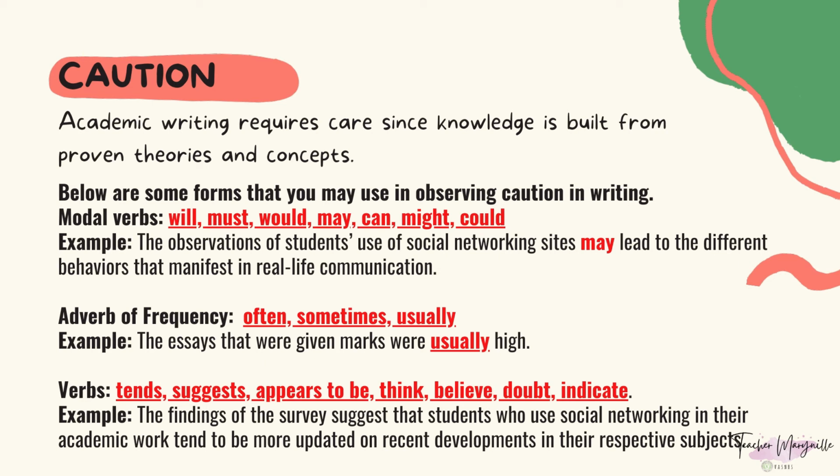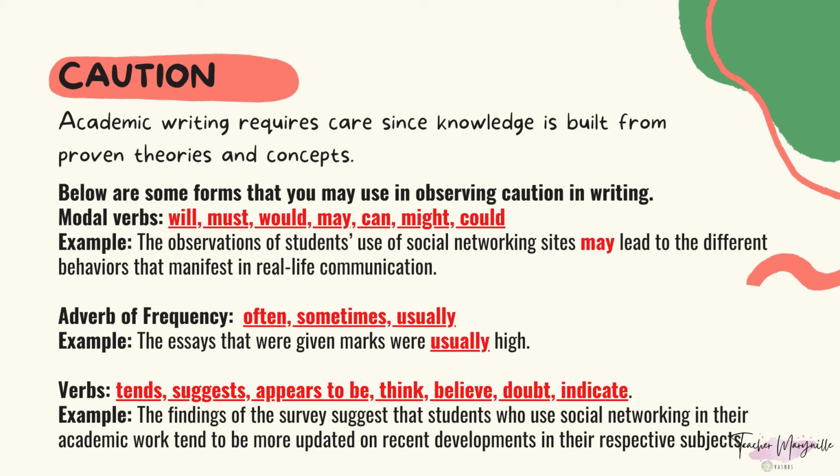Now let's proceed to the adverbs of frequency. Here are some of the examples. Often, sometimes, usually. So here is a sentence. The essays that give marks were usually high. Next is the verb.